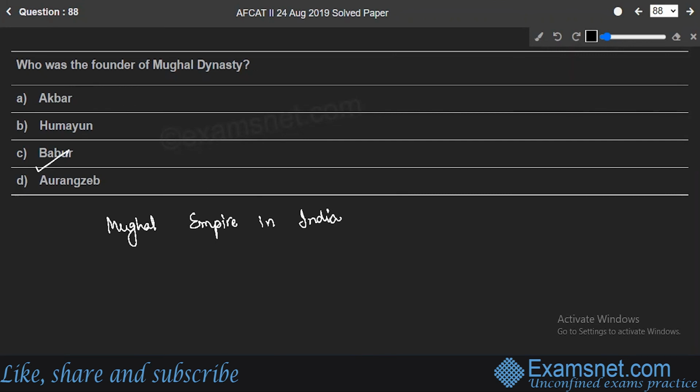He was a Central Asian ruler from 1526 to 1530 in India, and he was descended from the Turco-Mongol conqueror Timur from his father's side, and Genghis Khan from his mother's side. So Babur is the correct answer, option C.